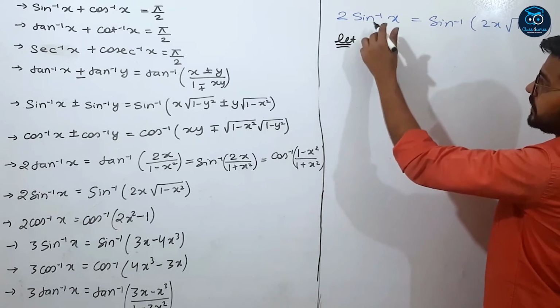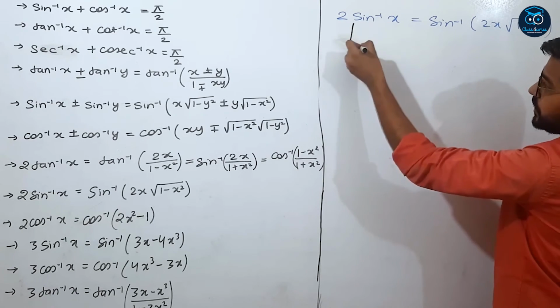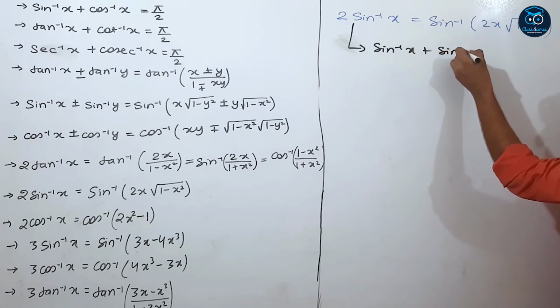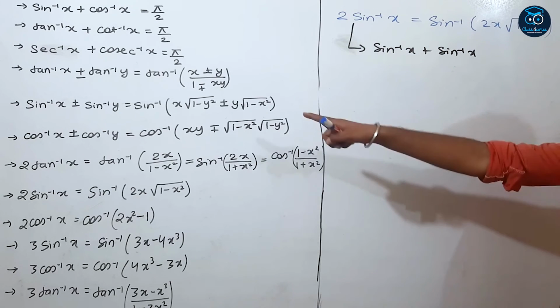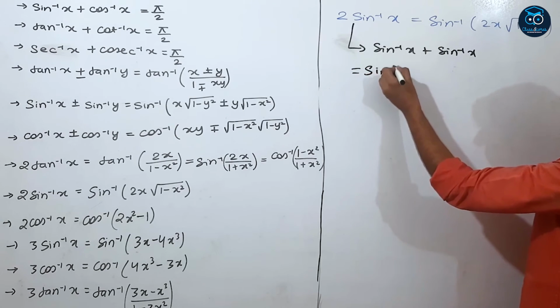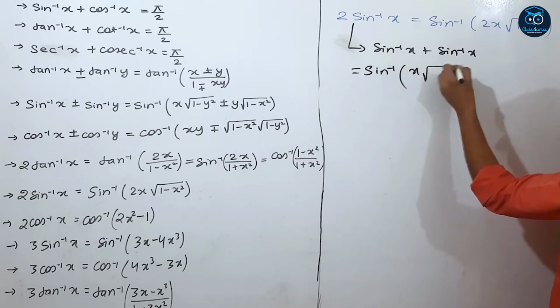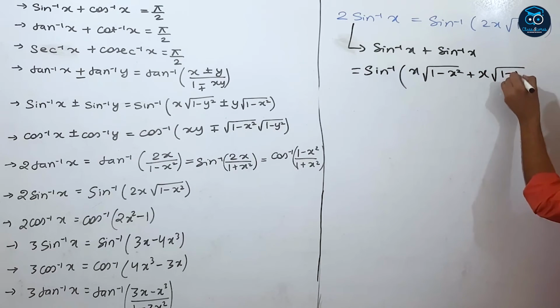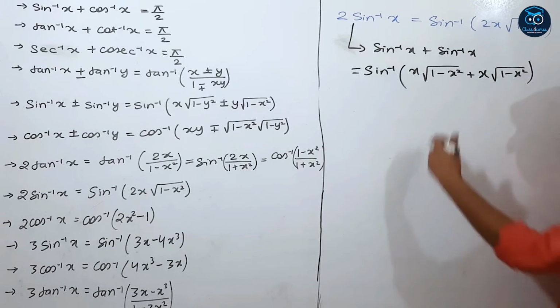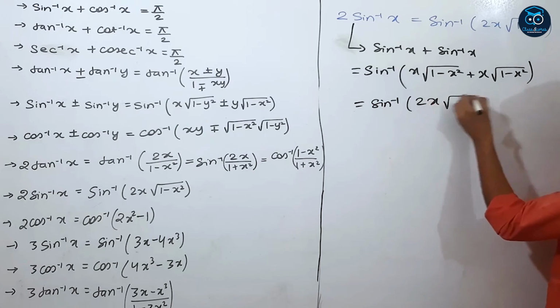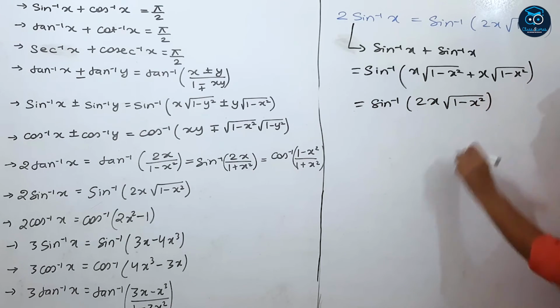Either we can consider this function as sin inverse x plus sin inverse x, or we can substitute the formula, that is sin inverse x plus sin inverse y equals sin inverse x root 1 minus y square plus y root 1 minus x square. If we add these terms, we get 2x root 1 minus x square.